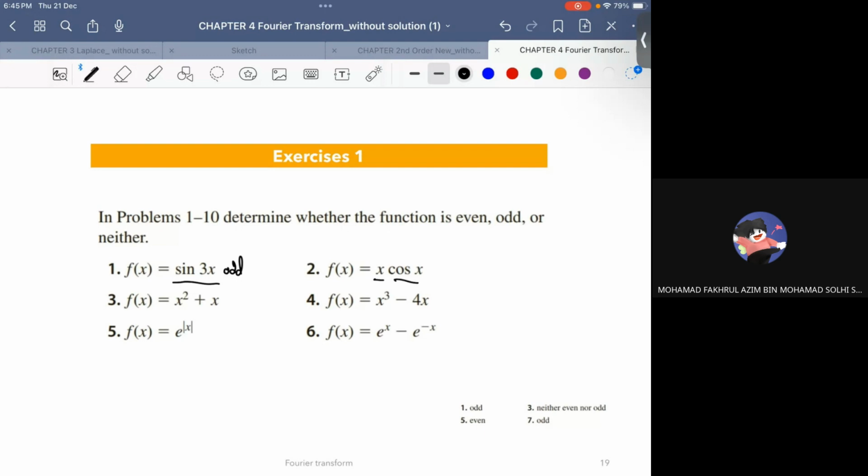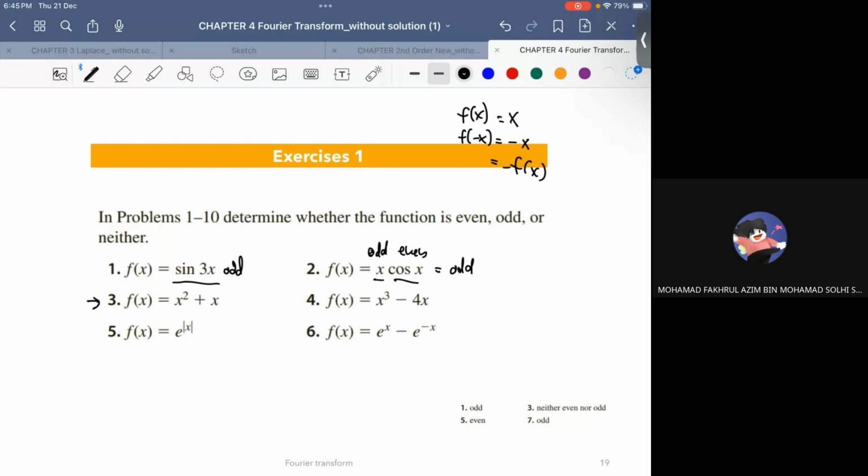So f(x) equal to x, I put f(negative x), so here will be negative x, equal to negative f(x). So this is an odd function. Cos is an even function. So odd multiplied by even is always an odd function.